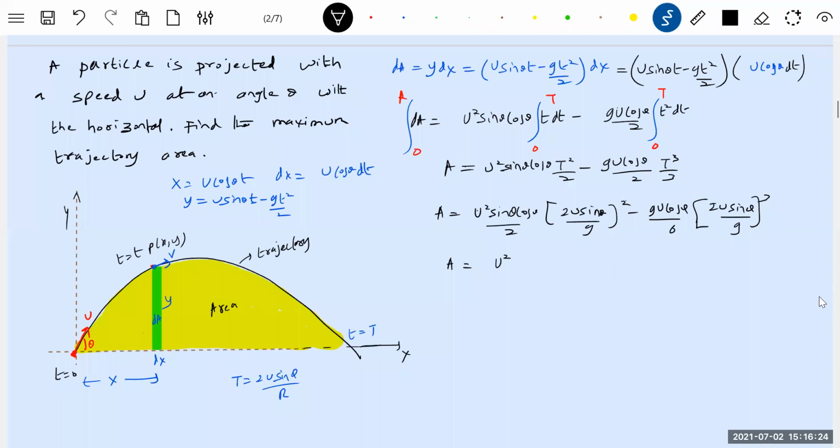U square sine square theta, u cube sine square theta cos theta by 2g square. Sir, u power 4 will come. Yeah, u power 4.